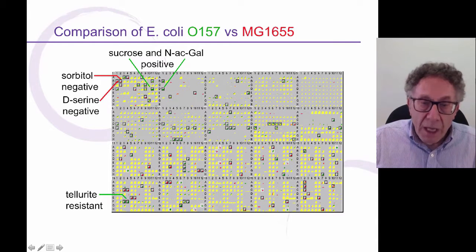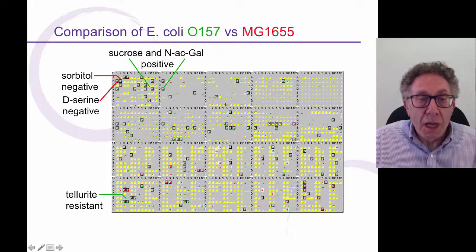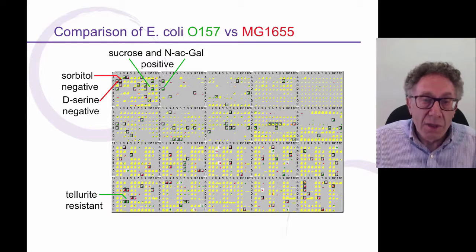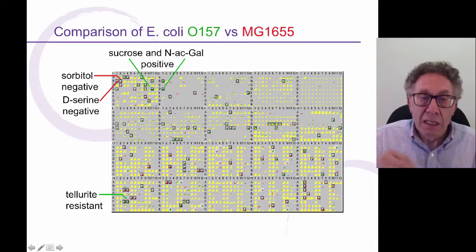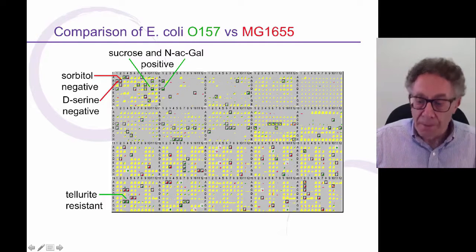Now, when the FDA group headed by Tom Sabula did an analysis of a large number of strains and then started looking at the genome composition, or the genomics of these bacteria, they found that the sucrose positivity and the N-acetylgalactosamine positivity correlated with the loss of D-serine metabolism, and they found out that this was because the sucrose and N-acetylgalactosamine metabolic genes inserted into the D-serine genes, knocking them out.